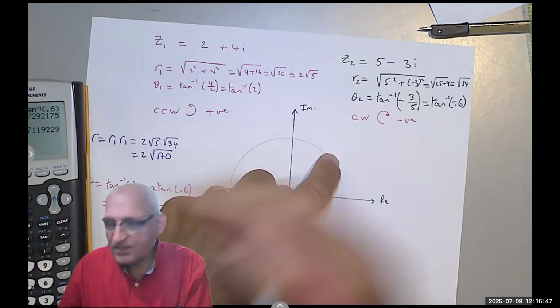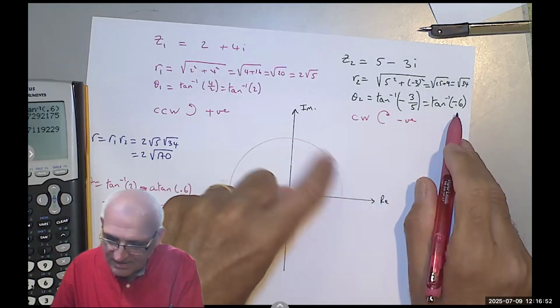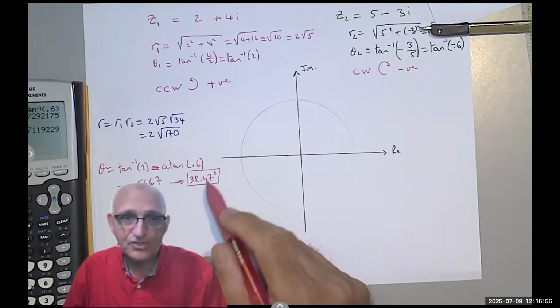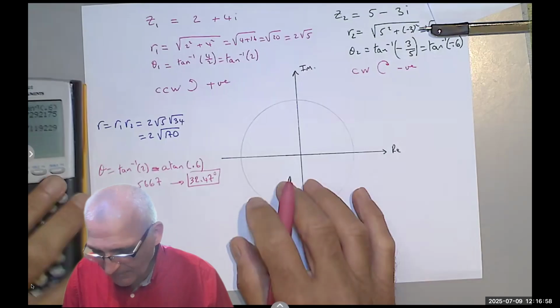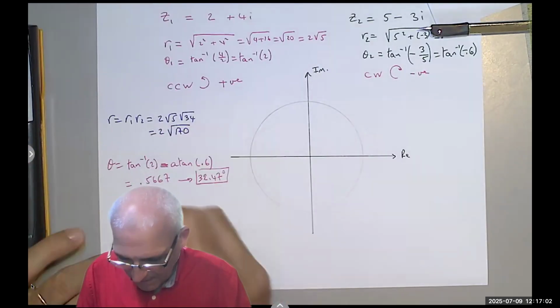So I go more than 60 in one direction, more than 30 back, and I end up with 32 and a half. So it makes sense.